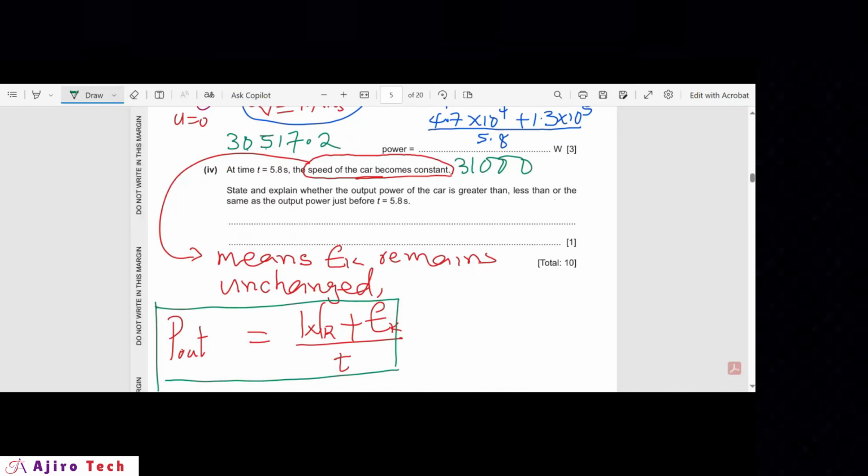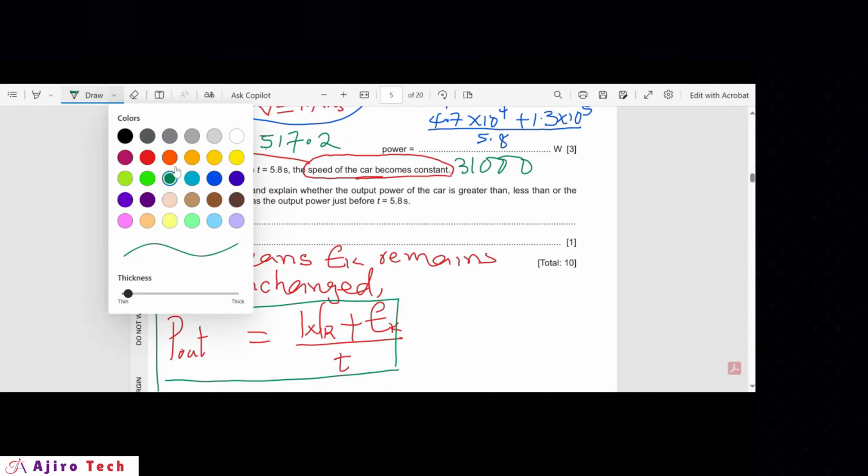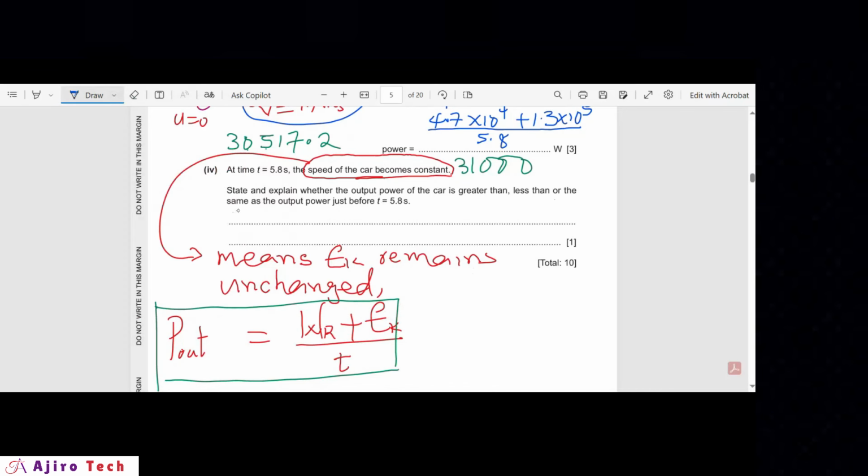Judging from that formula, there is no change in kinetic energy, so the work will only be done against air resistive force. That means it's going to be less.